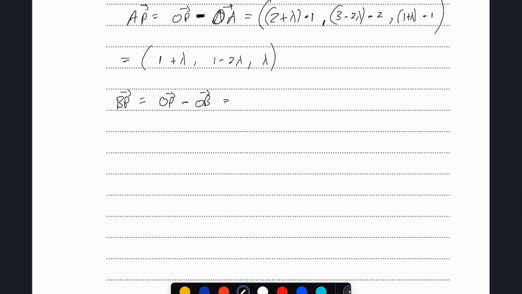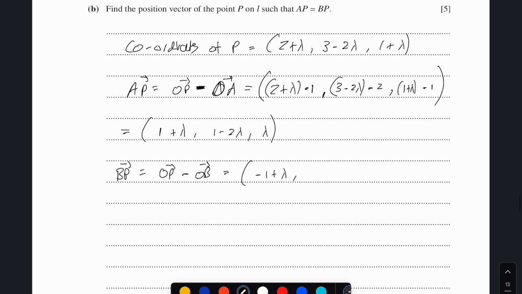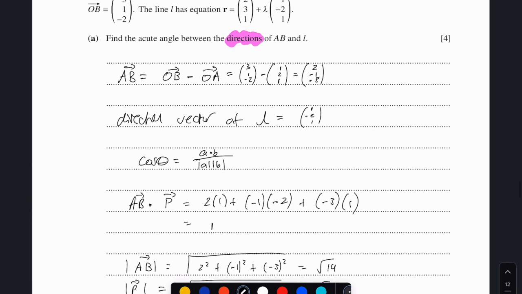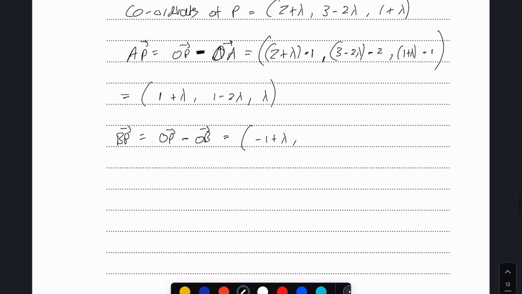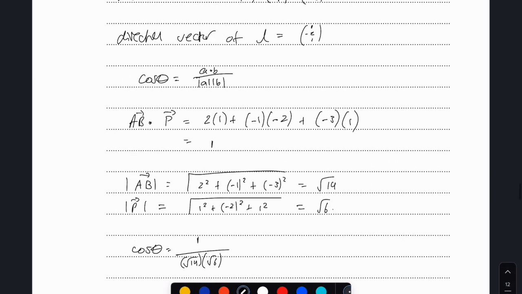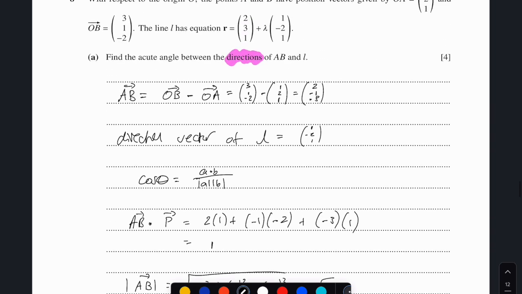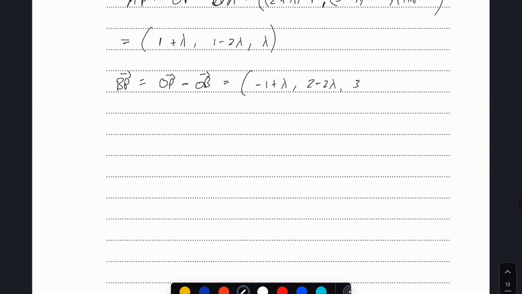Okay, so therefore what we get, let's do this quickly, negative 1 plus lambda, 2 minus 2 lambda, and then 3 plus lambda. Okay, now we've got AP, we've got BP.